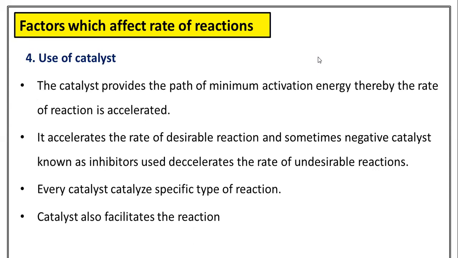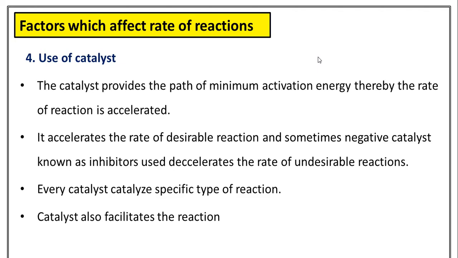The higher the energy required, the more difficult the reaction will be, and the slower it will be. Therefore, we are aware that the catalyst provides a path of minimum activation energy, and thereby the rate of reaction is accelerated. Now, there are two types of catalyst.